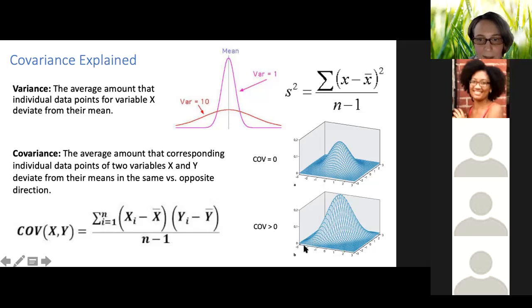So for a small x value, my best guess is a small y value. I can predict from knowing what x is what the most likely value of y is. So there's an association, a positive covariance. Just to let you know what this representation means.